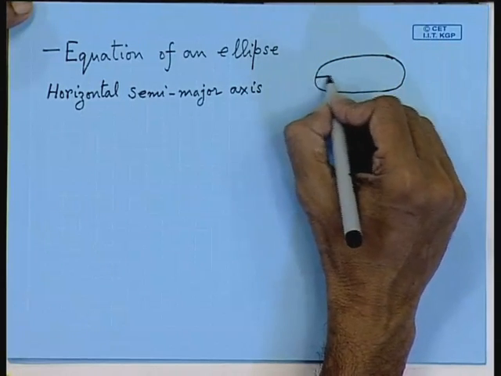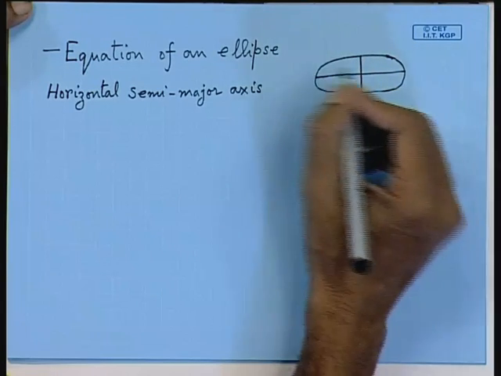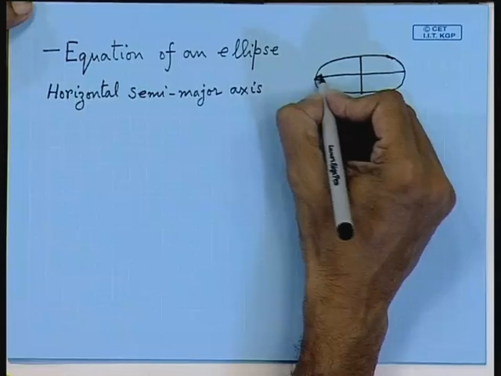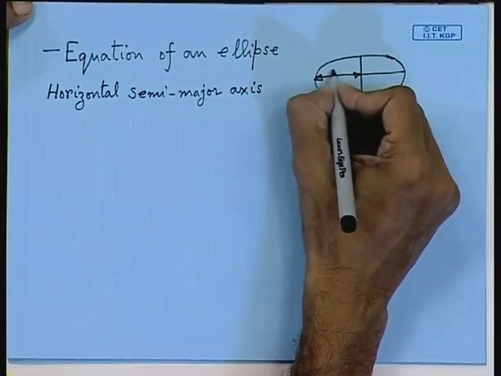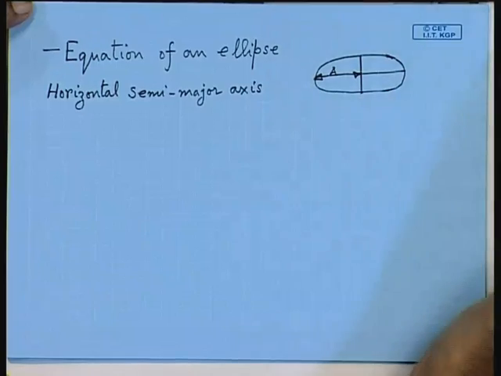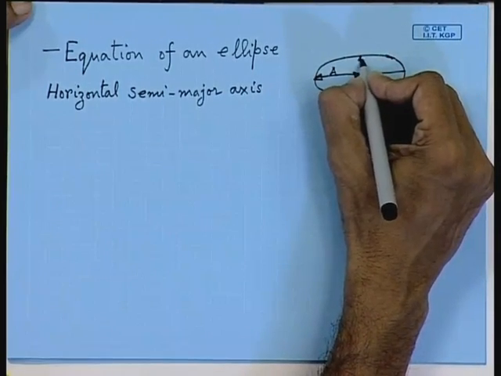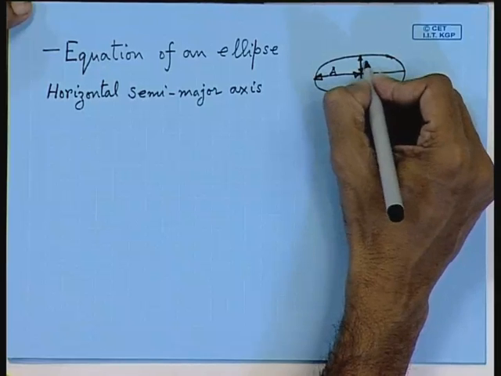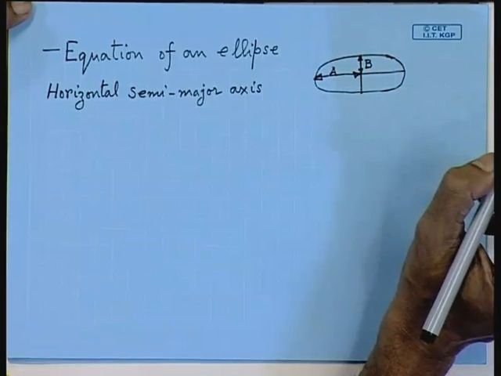This is your horizontal axis, this is your vertical axis. Now, this semi-major axis, you mark this as A. This is called the horizontal semi-major axis. And the other one, the vertical one, you mark this as B. This is the vertical semi-axis.